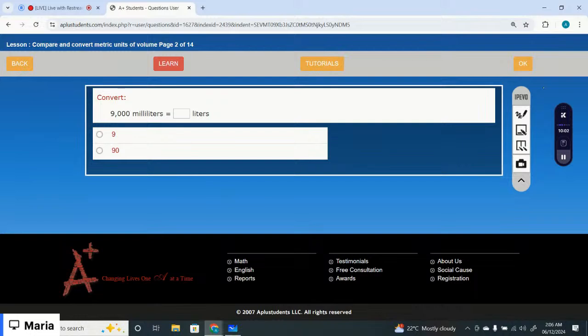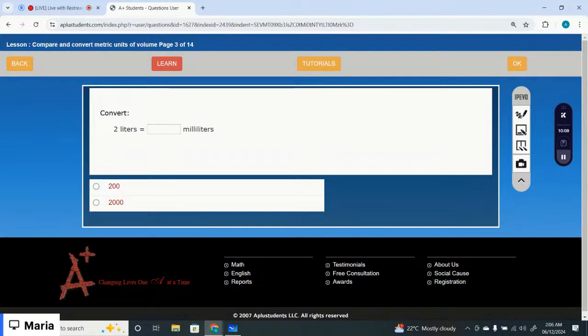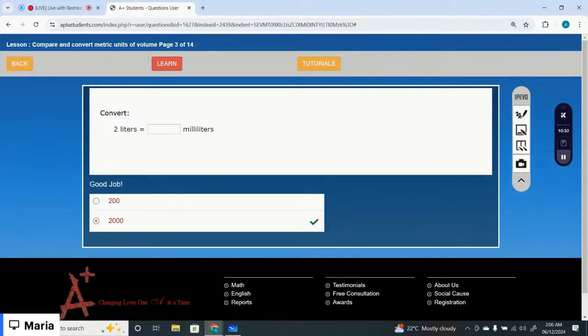Option number one is the correct option. Very good. 2 liters equal how many milliliters? 2 liter equal 2000 milliliters. Option number two is the correct option.